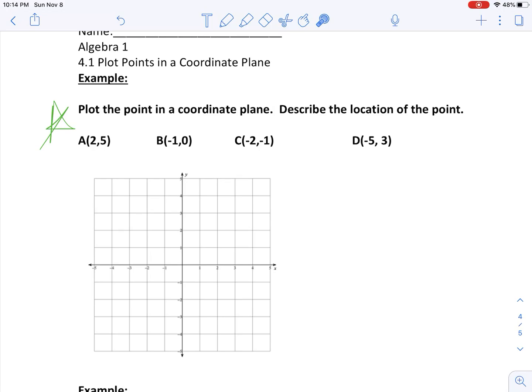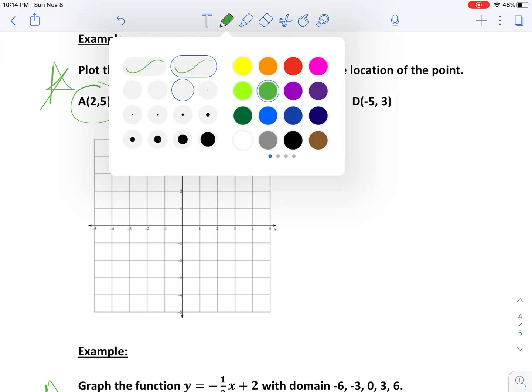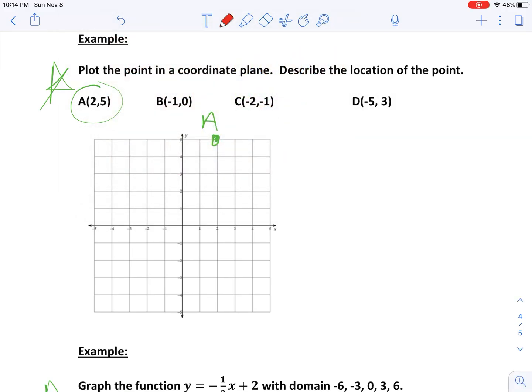All right. So hopefully you paused the video and you took a shot at it. Let's make sure we can plot all these correctly. So point A is at 2, 5. So we're going to go to the right 2, up 5. There's point A. Point B is -1, 0. So we go to the left -1 and we travel nowhere up or down.